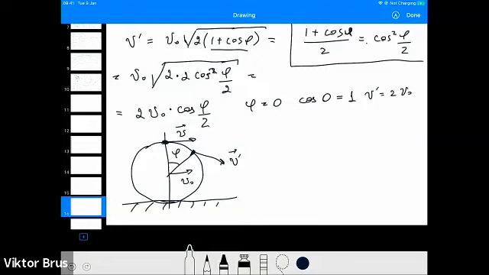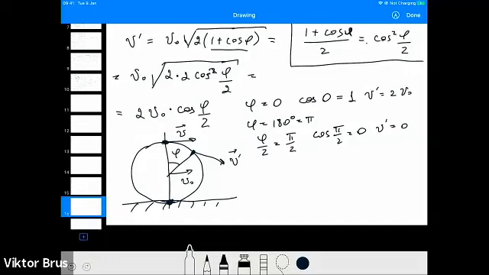And when this phi is equal to 180 degrees or pi, phi over 2 will be equal to pi divided by 2. So cosine of pi divided by 2 equal to 0, and that's why v prime is equal to 0. So what happens here?